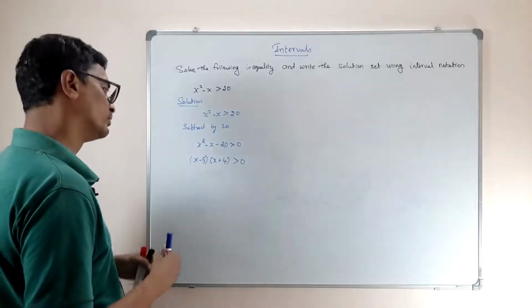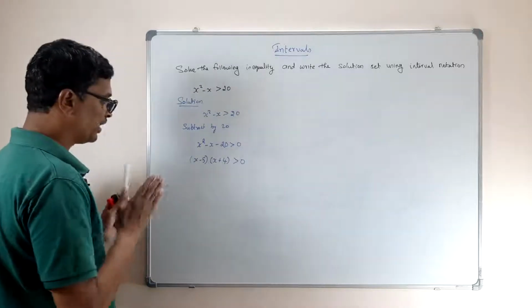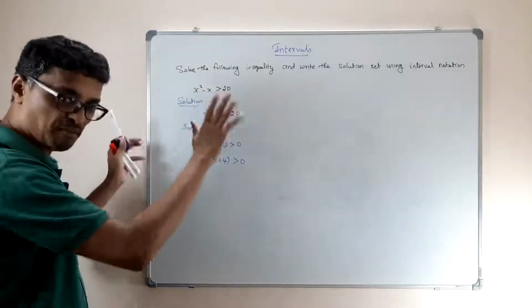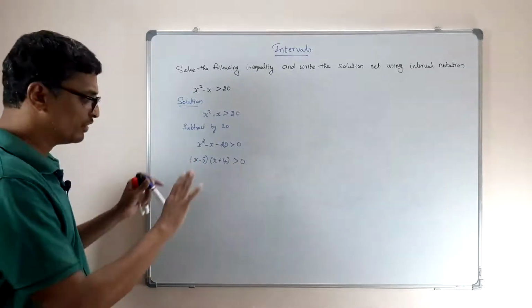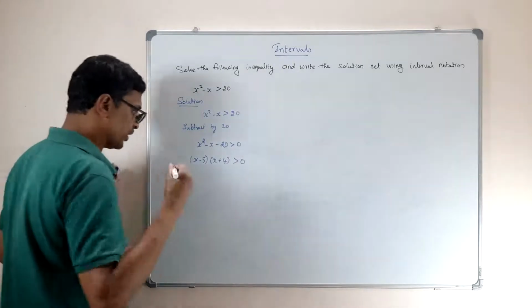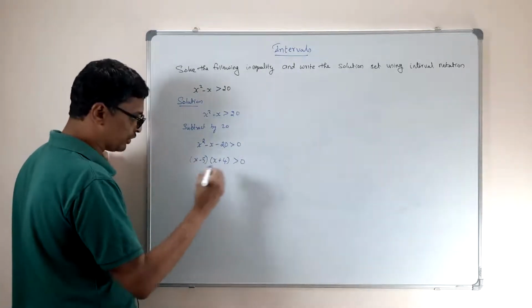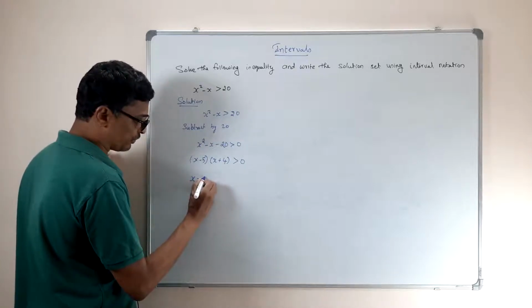The roots are 5 or minus 4, correct. So x minus 5 and x plus 4, and this should be greater than 0. Same way as before, we have 2 critical points. You can use that word. So we have x equal to 5.